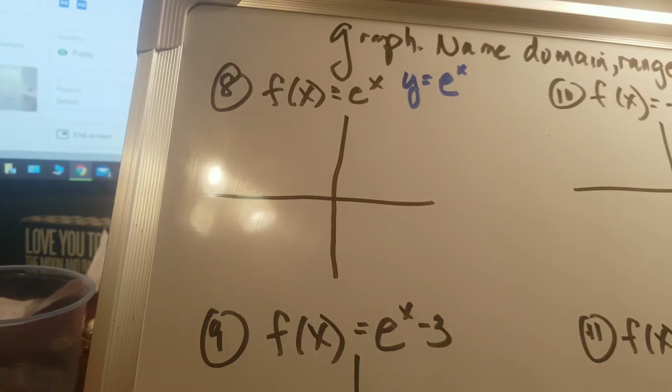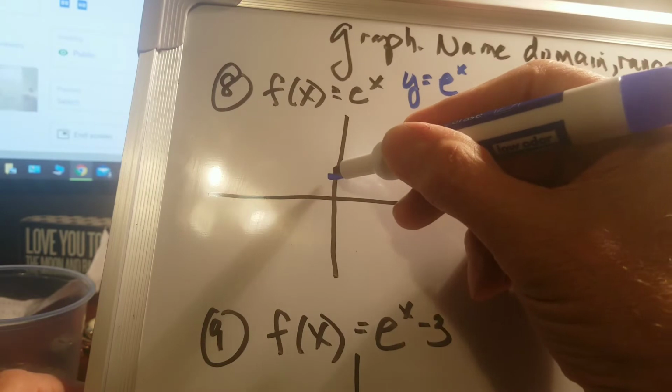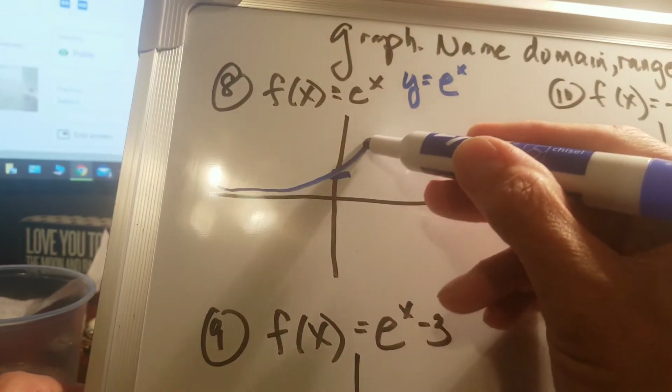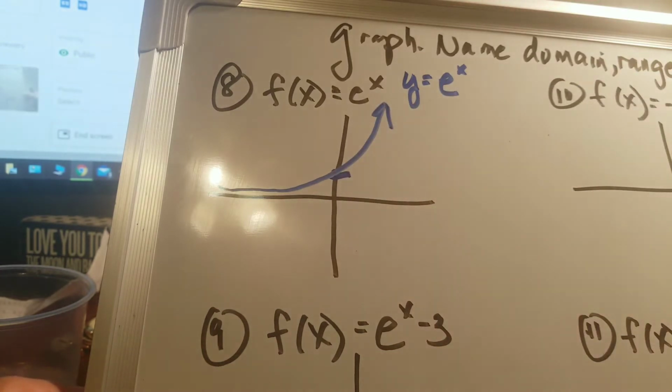And if you remember, when we were doing this, if you had y equals 2 to the x power, using a table, this is what you got. So this is the original graph, and we're now going to move it around.